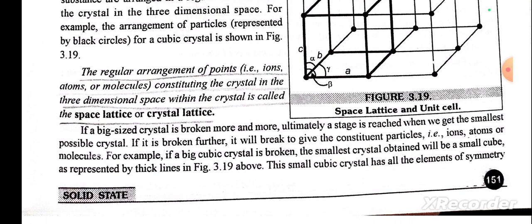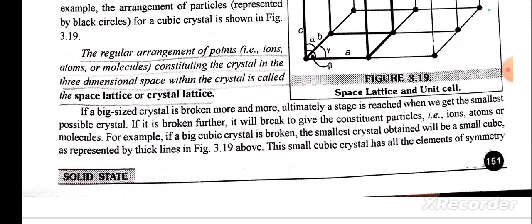If a bigger crystal is broken into smaller and smaller pieces, a stage is reached when we get the smallest possible crystal. If broken further, it breaks to give the constituent particles: ions, atoms or molecules. For example, if a bigger cubic crystal is broken, the smallest crystal obtained will be a small cube, represented by a thick line above.